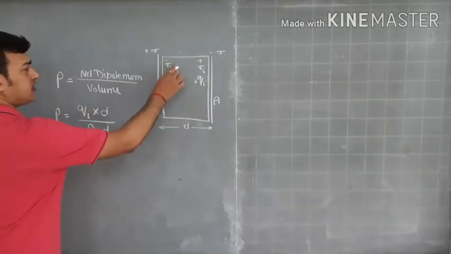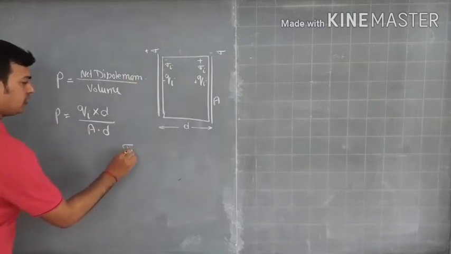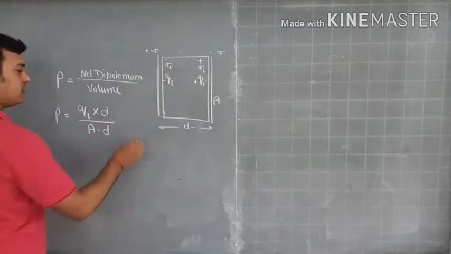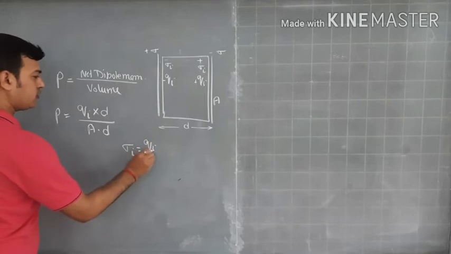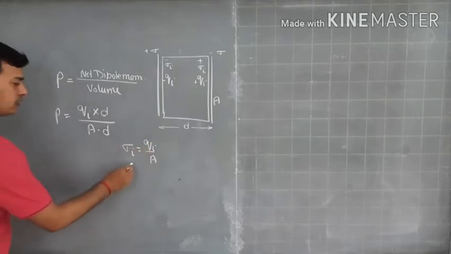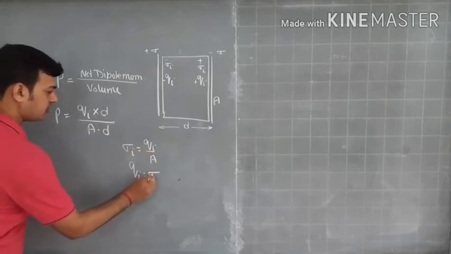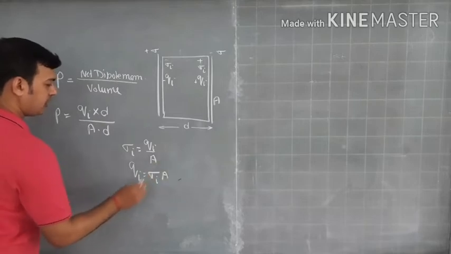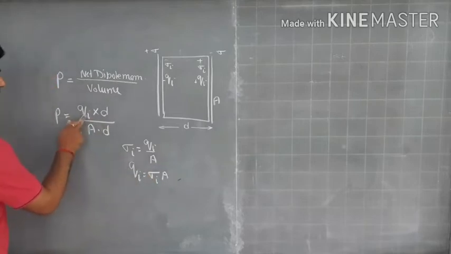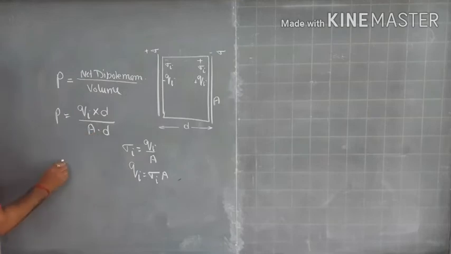Now, if I need to find the induced charge density, I can write charge density as induced charge by area. So my induced charge is charge density multiplied by area, and if I place it here, I will get P as sigma.